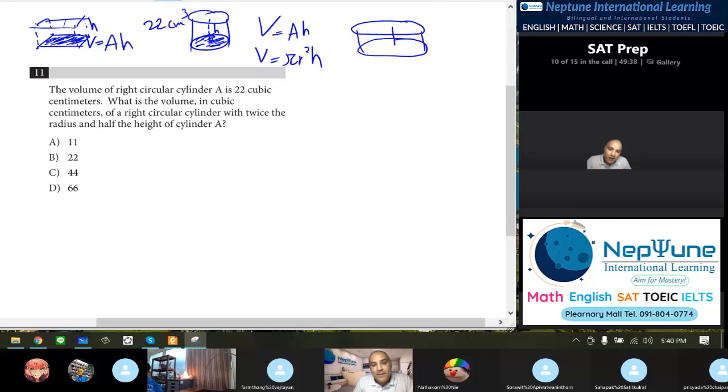You need to remember dilation. It's very important in geometry, the lesson that we had about dilation. What do we know about dilation? When you have an image of a shape, the area of the image is the scale factor squared times the area of the original. That's very important to know.